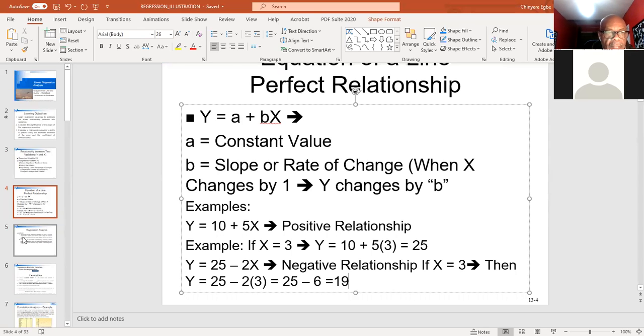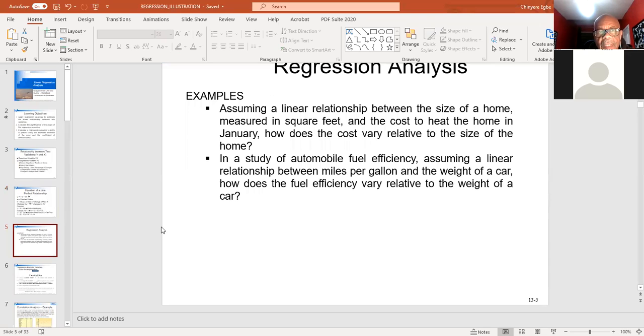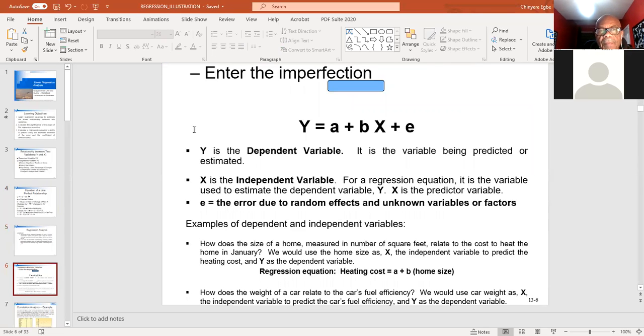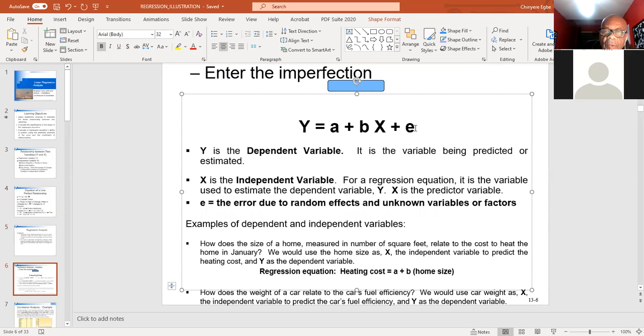The reason that we now do regression analysis is that we have imperfection. We use the same equation, y is equal to a plus bx, but then we add e, which is an error. And I'll give you a good example.